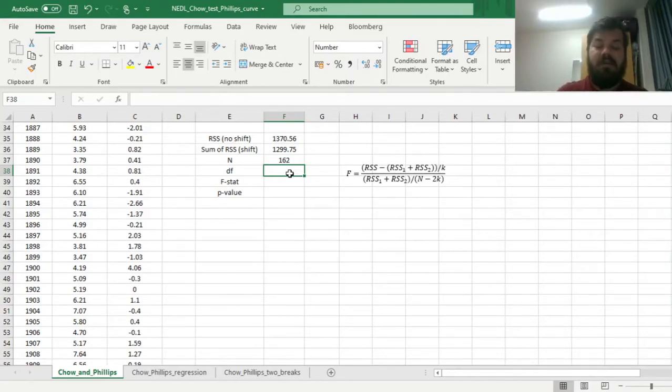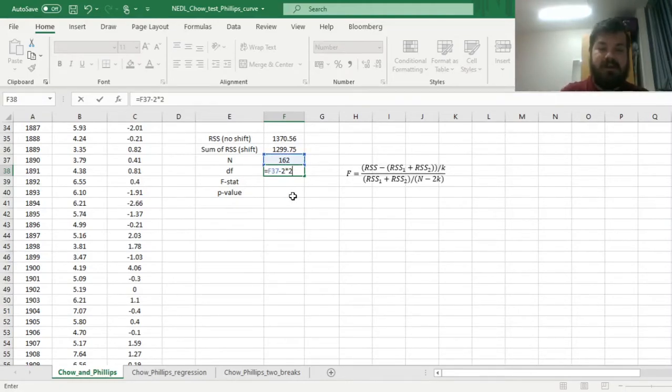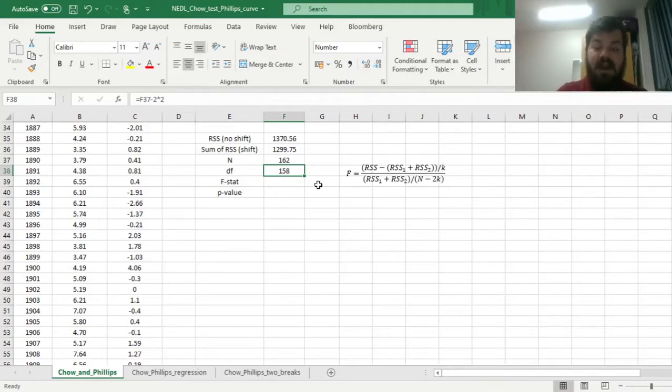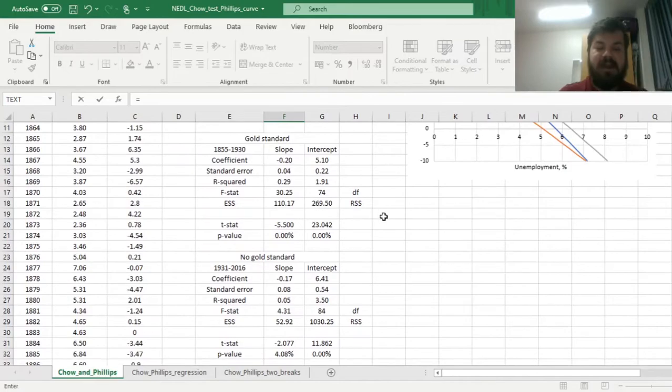So we can go two ways. As suggested by the formula, n-2k, so 162 minus 2 times 2, giving us 158. And you could also add up the degrees of freedom given by the two subsample regressions. So here are the degrees of freedom for the first regression for the gold standard period, and here are the degrees of freedom for the non-gold standard period.